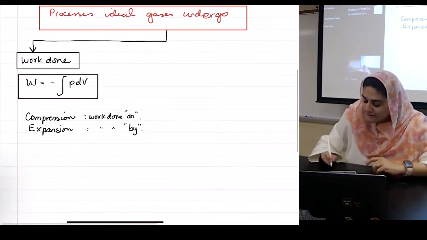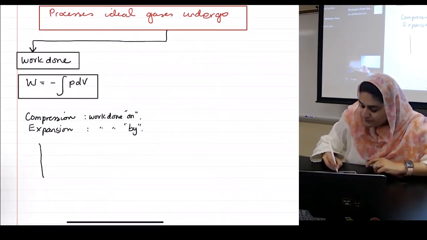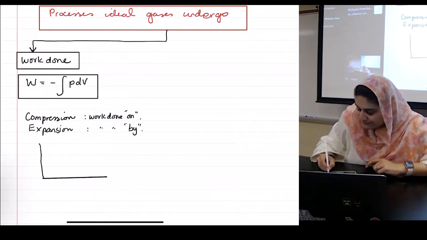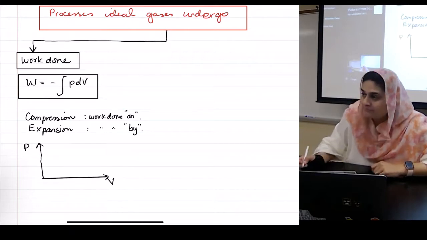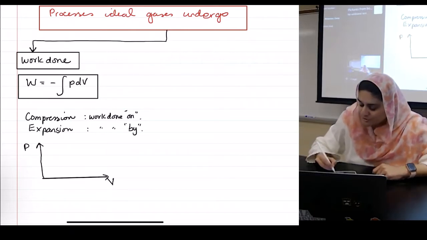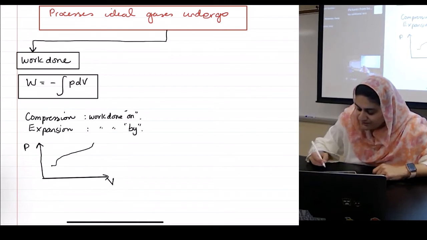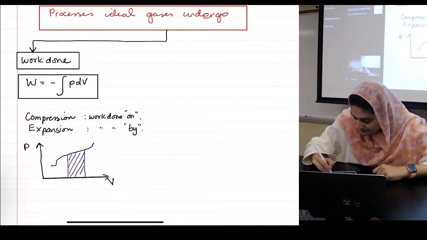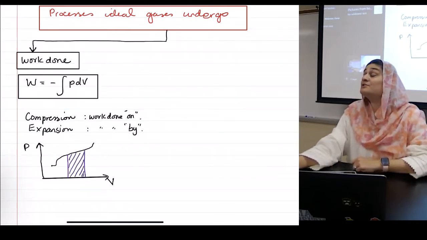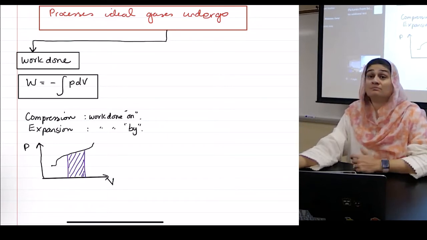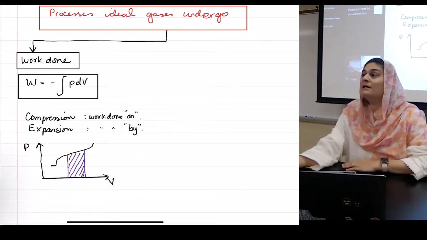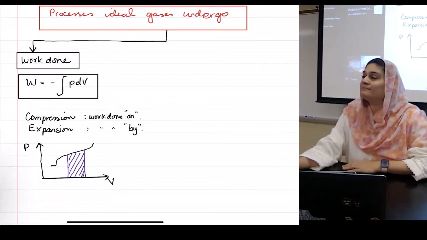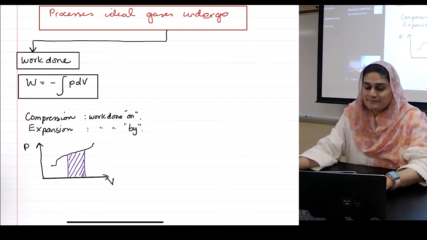And usually those kinds of work are expressed on a PV graph, where this is the V and this is the P. What you do is, whatever that work looks like, you find the area under the curve. We've done this, right? If it's geometrical, you use definitions of area. If it's not, then you just integrate. That's basically what an integration is.